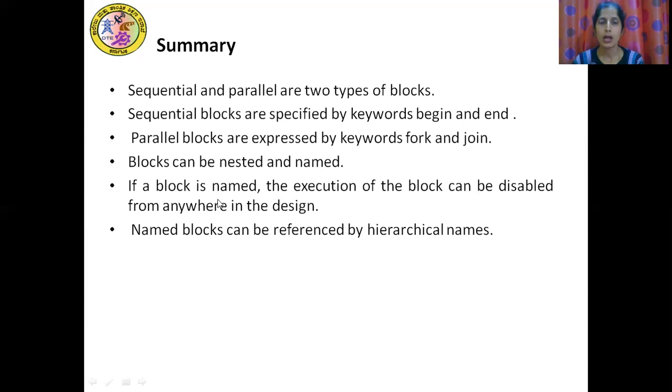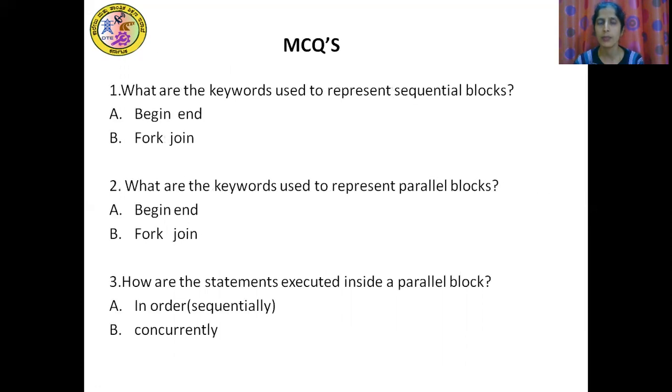If a block is named, the execution of the block can be disabled from anywhere in the design by using the keyword disable. Also named blocks can be referenced by hierarchical names. So this is the summary of the topics we have discussed in this lecture. Let us see a few MCQs to understand whether we have understood the topics properly.